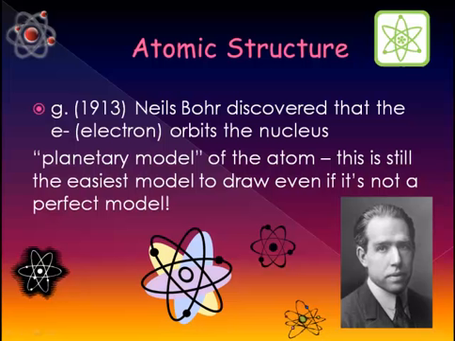A scientist named Niels Bohr later on postulated that electrons have to orbit the nucleus. This is referred to sometimes as the planetary model of the atom. The reason it's named that is because he has electrons orbiting the nucleus, much like planets orbit a star, like the sun.